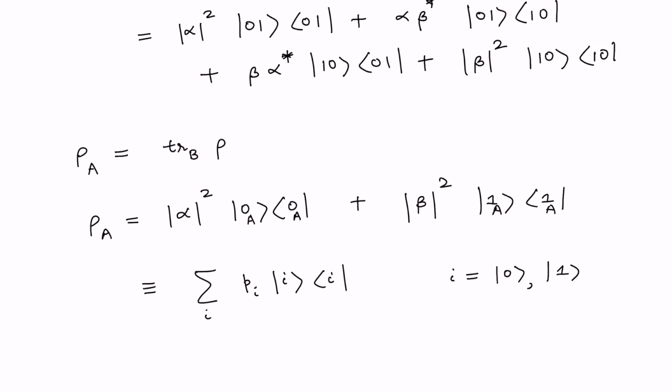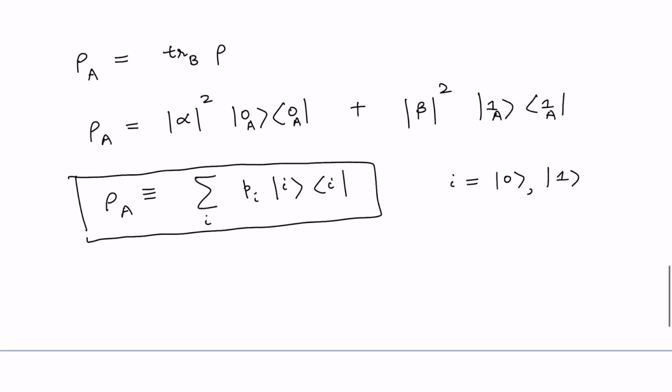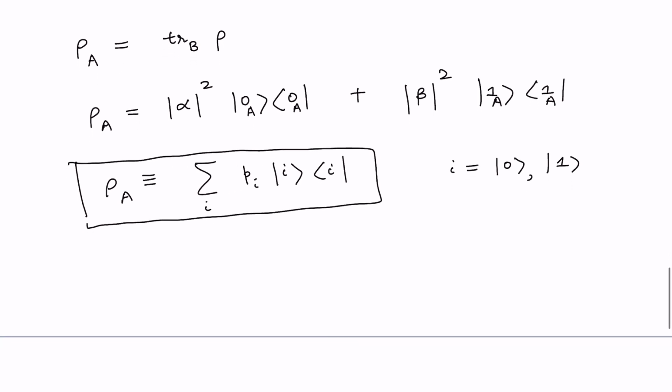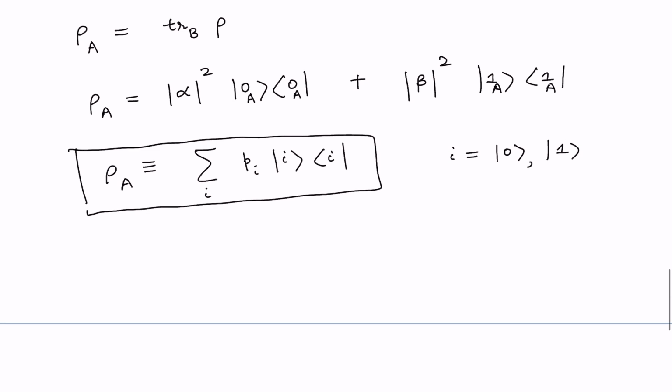So you see this is the way we represent a mixed state. When we find the reduced density matrix, we find that the system A is now in a mixed state, and it also refers to the fact that we have lost the complete information. We don't have the full information about the system A because it is now in a mixed state.